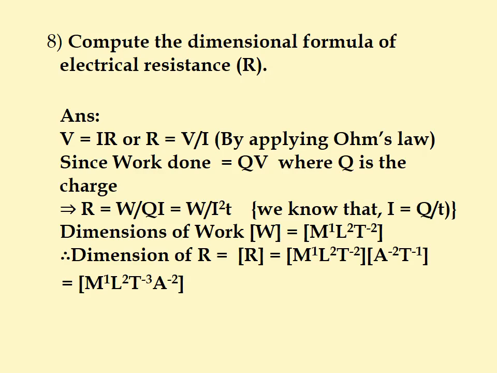Similarly, we have to write the dimension of R is equal to the dimension of W divided by dimension of QI, or the dimension of W divided by the dimension of I square T, which is equal to dimension of M to the power of 1, L to the power of 2, T to the power of minus 3, A to the power of minus 2, since dimension of current I is equal to dimension of A.